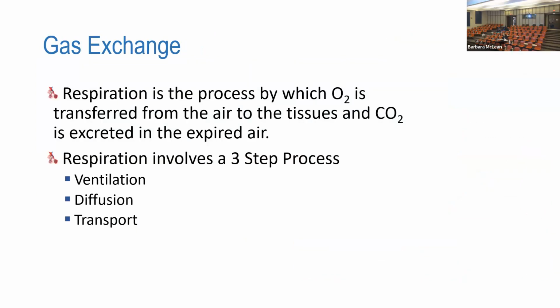Now let's remember that the purpose of this respiratory control is to conduct air to the alveoli where gas exchange takes place. So when we talk about respiration, it's really important to remember, we talk about respiration in the lung and we talk about respiration at the cell.